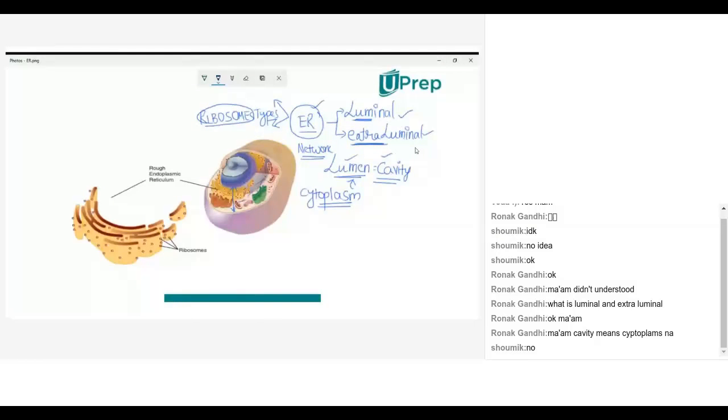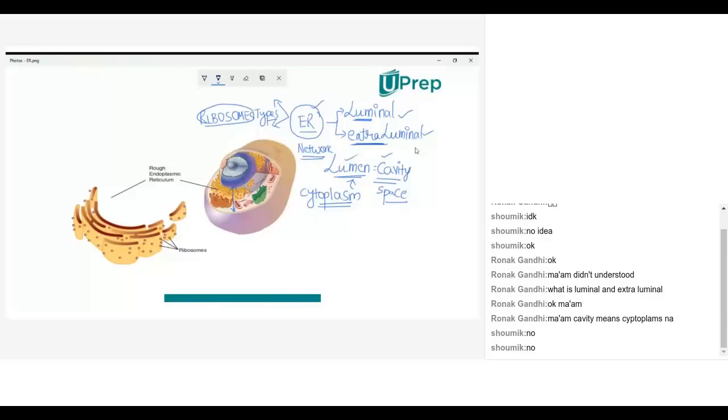The gaps between other parts, excluding endoplasmic reticulum, are called extraluminal, the extraluminal part of the cell. The whole remaining part is filled with cytoplasm. Remember that word: we are talking about cytoplasm. The cytoplasm outside the endoplasmic reticulum, filling the whole space of the cell, is the extraluminal side. Clear? Okay.